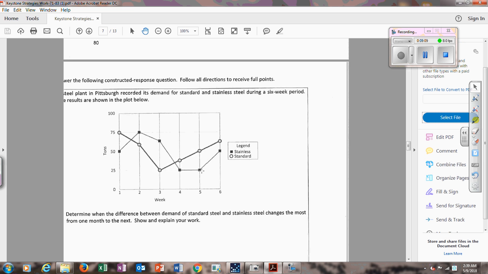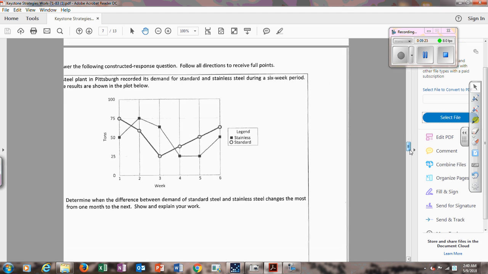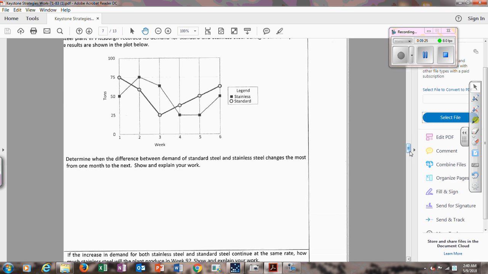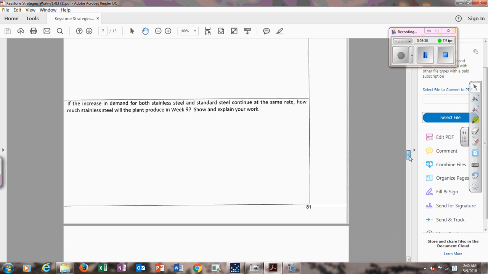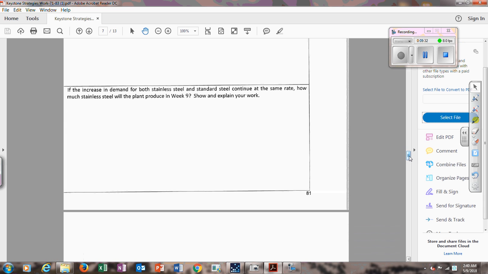So that would be an increase of 25. So then weeks 6 to 7, 7 to 8, and 8 to 9, you would do 25 times 3 more. 25 times 3 gives you 75, and you add that to the 50 that's already there, and it would be 125.